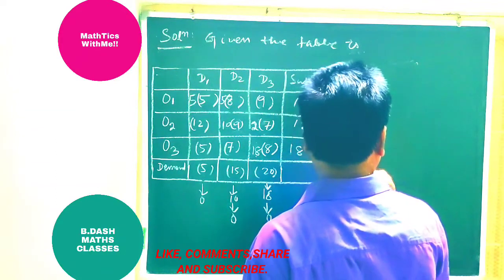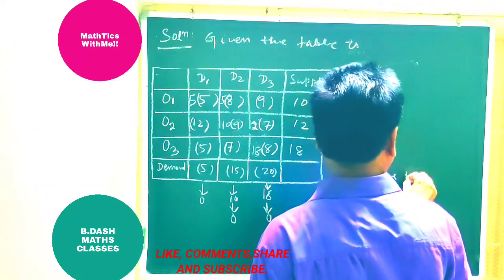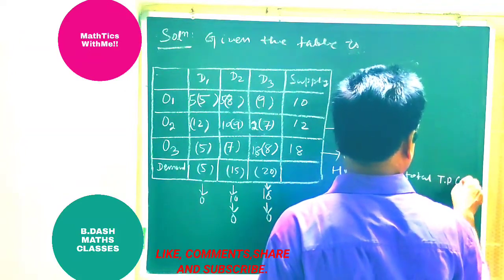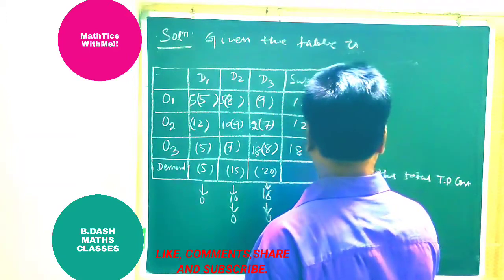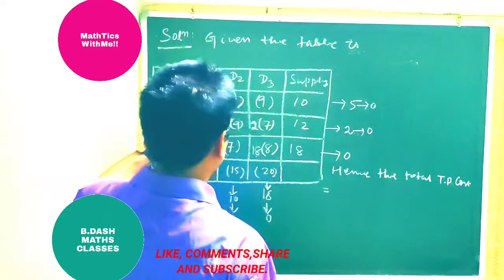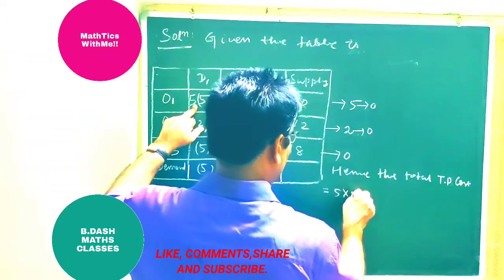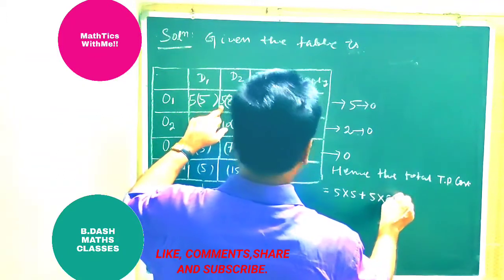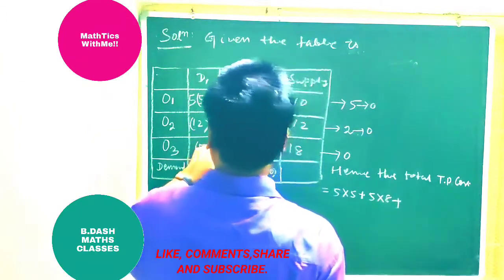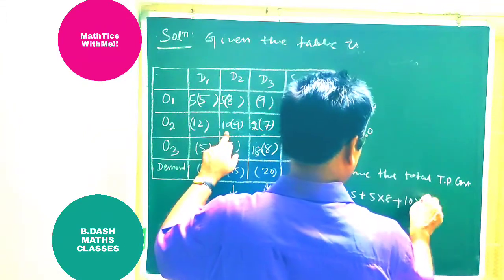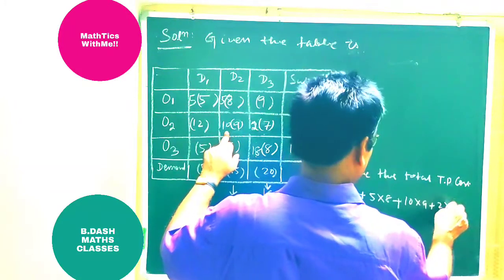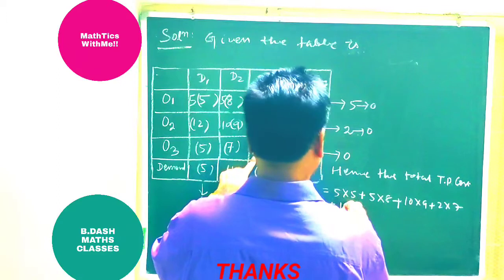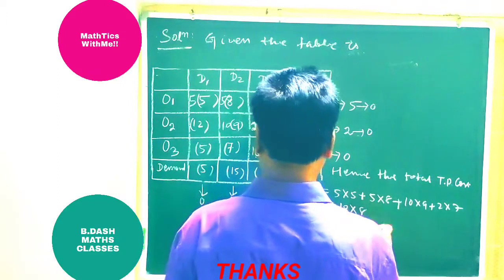Hence the total transportation cost is equal to 5 into 5 plus 5 into 8 plus 10 into 9 plus 2 into 7 plus 18 into 8.